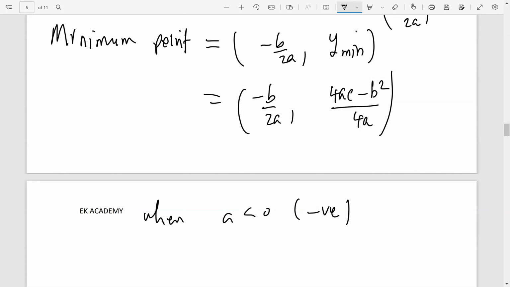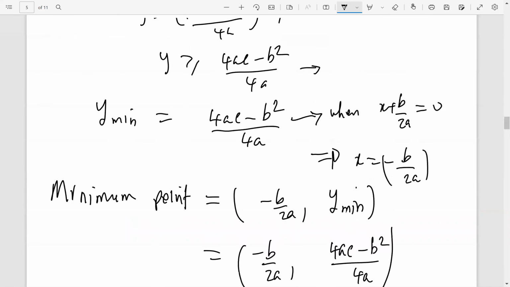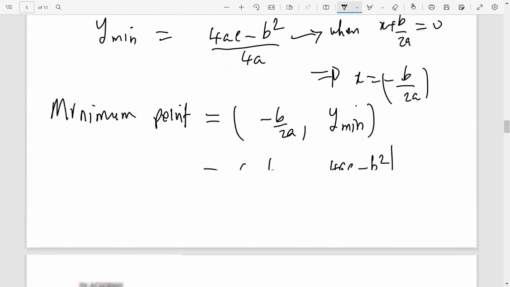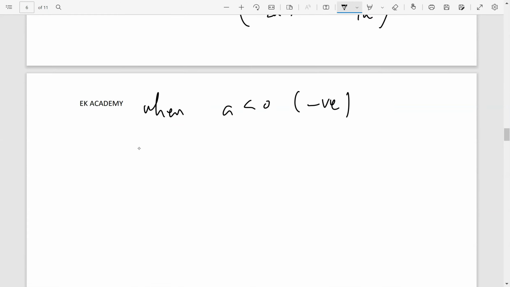Then we are going to agree that the expression a times x plus b over 2a squared is going to be less than 0, but it can also be 0, so it's going to be less than or equal to 0.